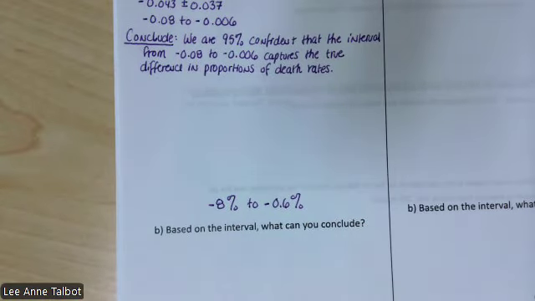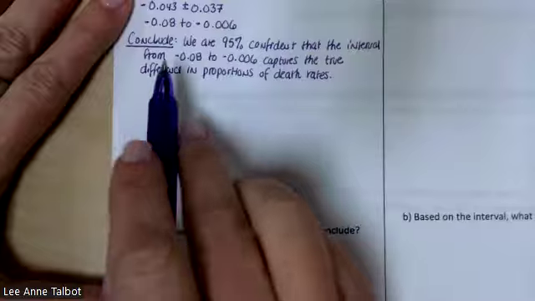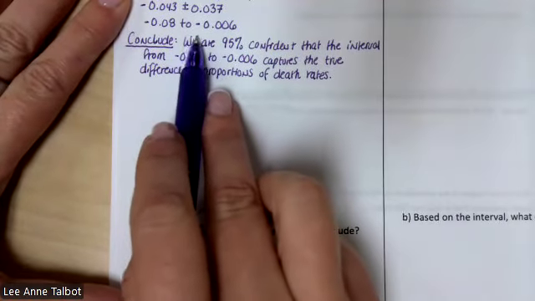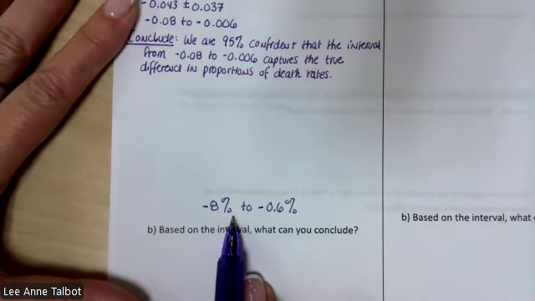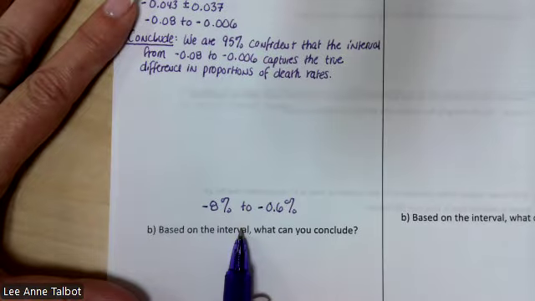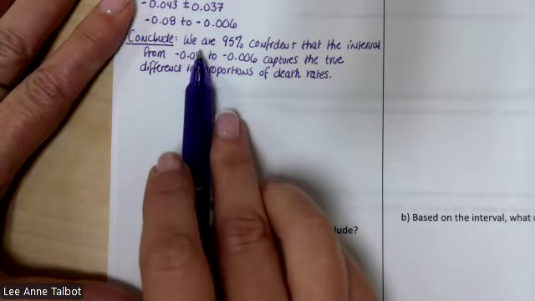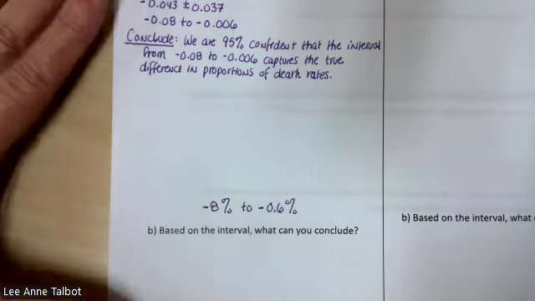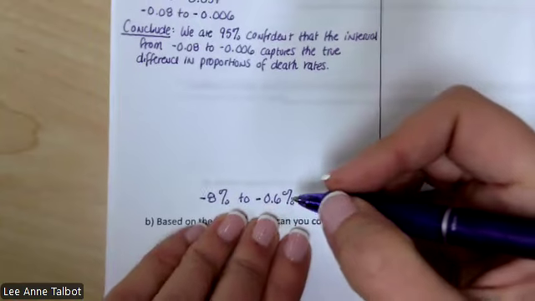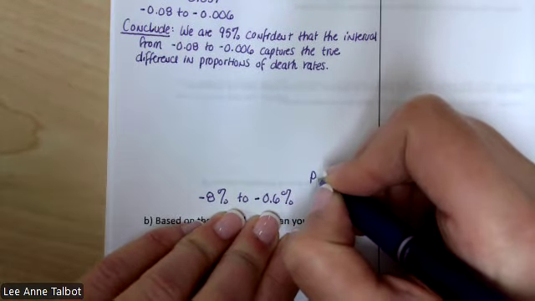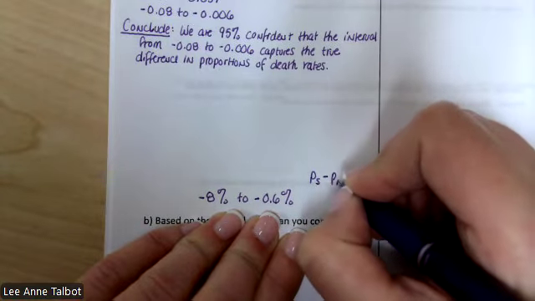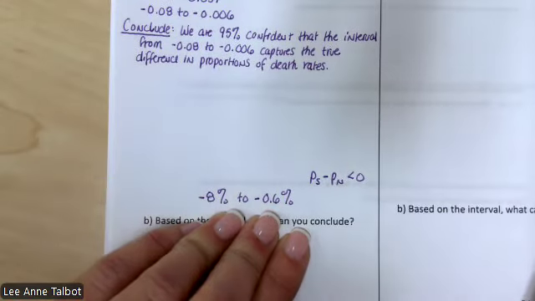Now I took these numbers from my interval and I just changed them to percents, because this is easier for people's brains than this a lot of times. And what this means is if the entire interval is negative, that means PS minus PN is less than 0.